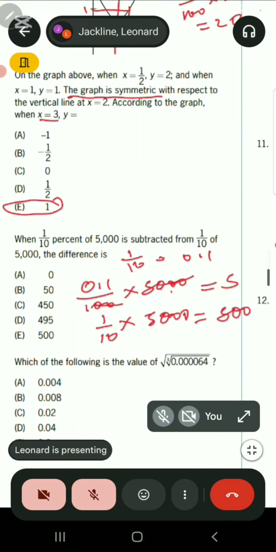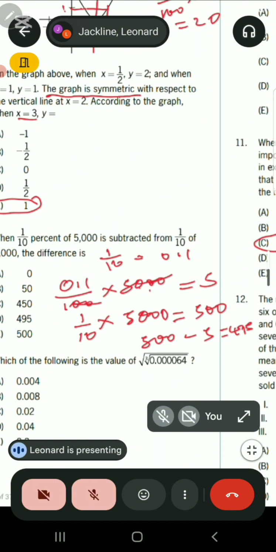Which is 500. So we are looking for the difference. 500 minus 5 is 495. So the answer is 495.